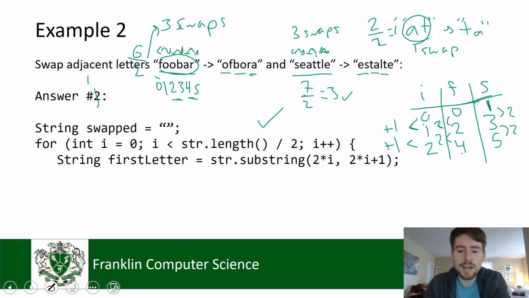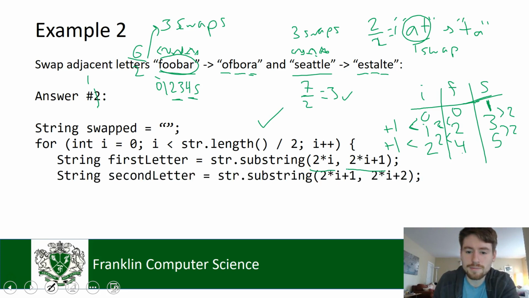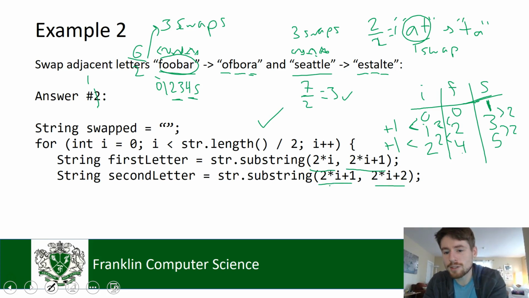So our first letter, its position is at 2i and then 2i plus 1. 2i plus 1 is just the next index over. So the first letter is at 2 times I, because we want 0, 2, and then 4. And the second letter is at 2 times I plus 1. This is 2 times I plus 1, 1, 3, and then 5.